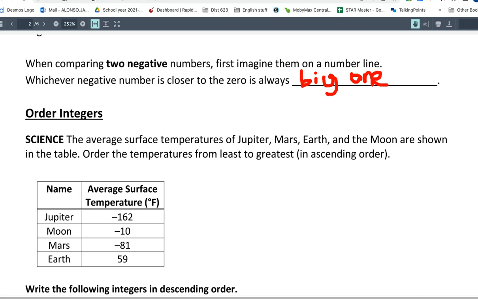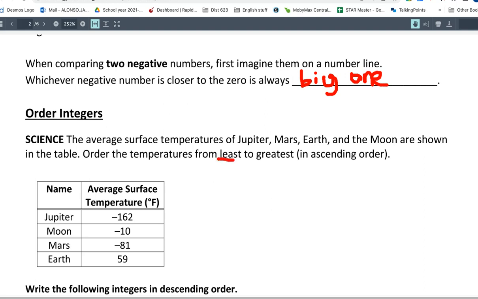So let's continue doing this. Order integers. The average surface temperatures of Jupiter, Mars, Earth, and Moon are shown in the table. Order the temperatures from the least to the greatest.